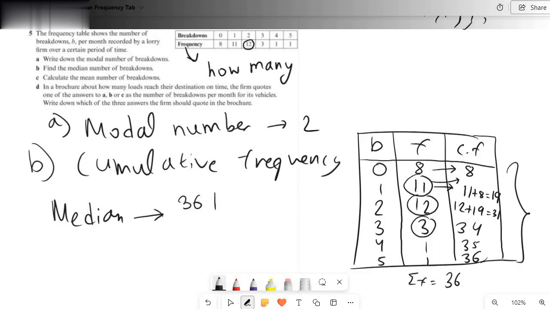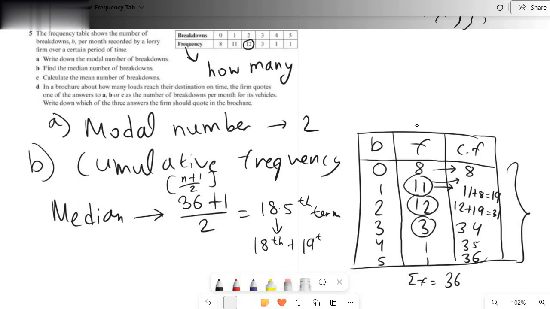So 36 plus 1 divided by 2 using the (n plus 1) divided by 2 rule gives us 37 by 2, or the 18.5 term. And as you have seen in the previous video, this means that this is going to be the average of the 18th and the 19th term. So it's going to be the 18th term plus the 19th term divided by 2.